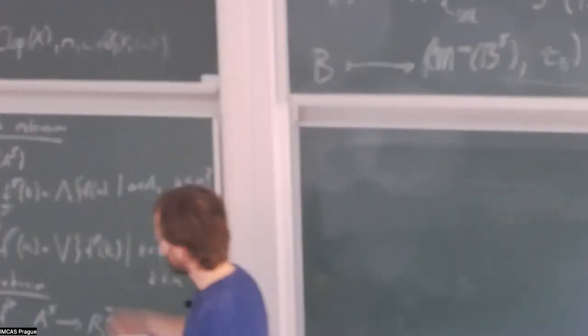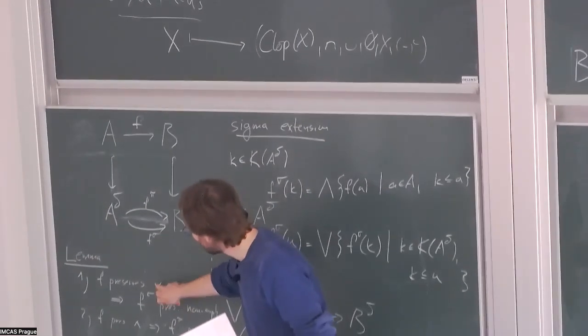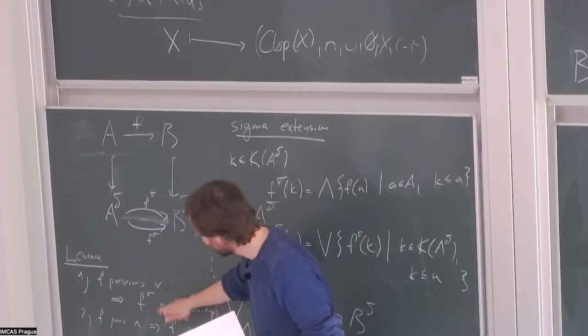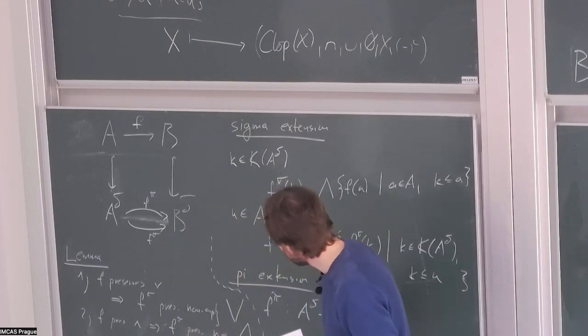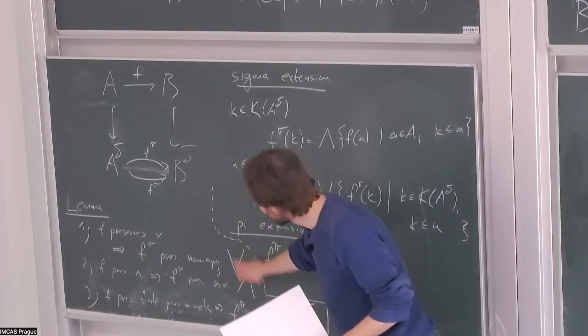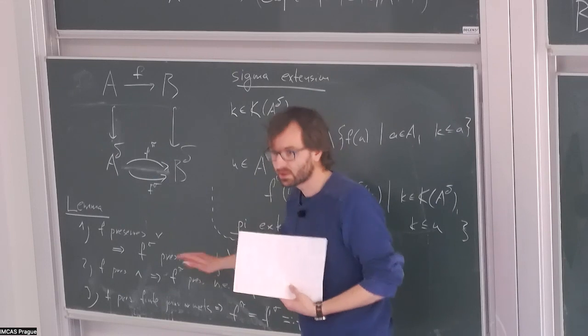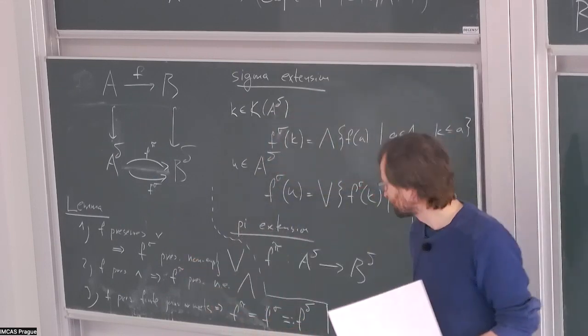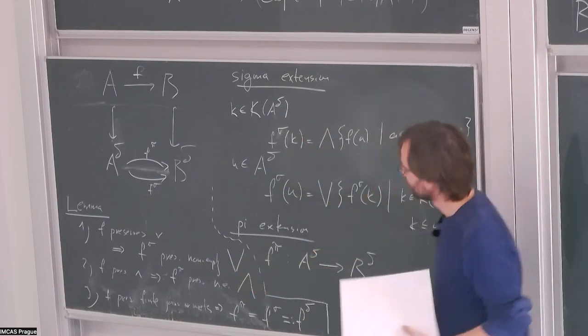If you know something about order theory, lattice theory, you know that functions between complete lattices that preserve all joins or all meets, which happens in this case. So if F preserves binary meets and also the bottom element, then also the extension will preserve the bottom element. So then that means it preserves all joins, not just non-empty, even the empty one. So in that case, it has something which is called the right adjoint.